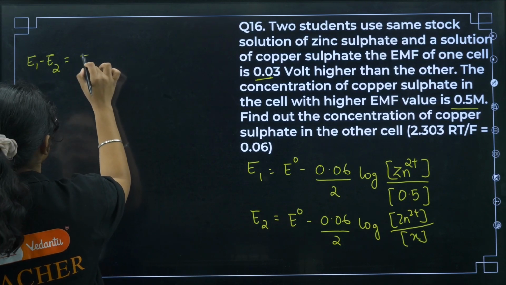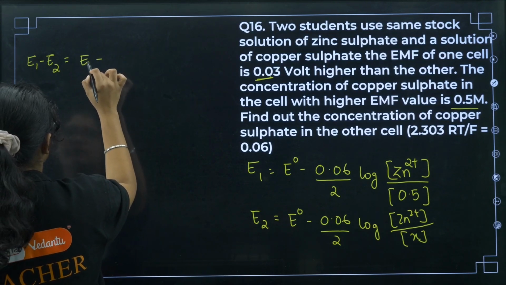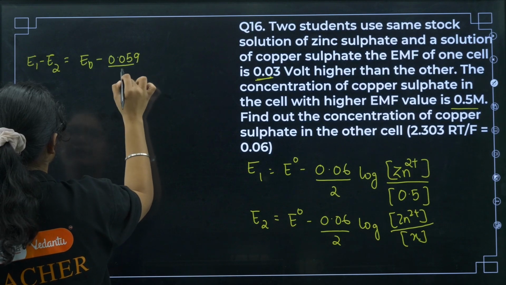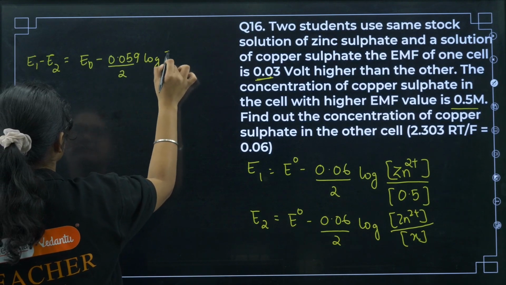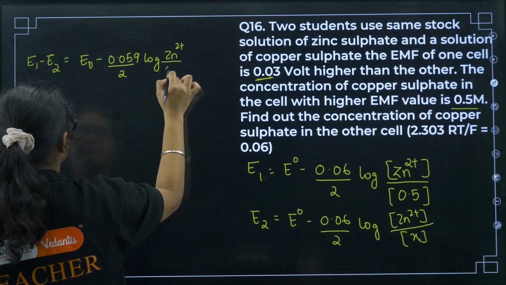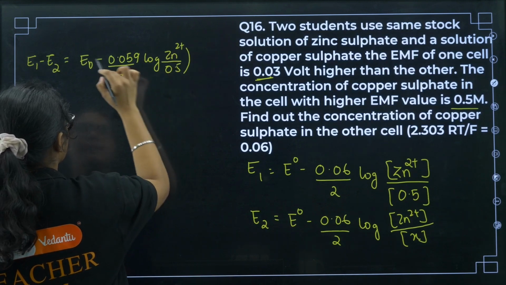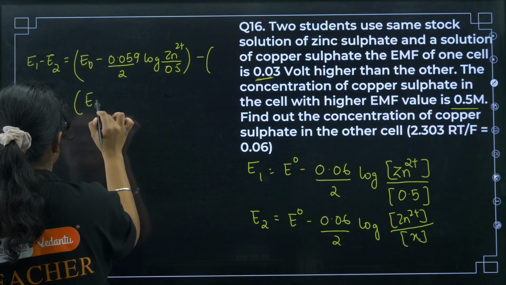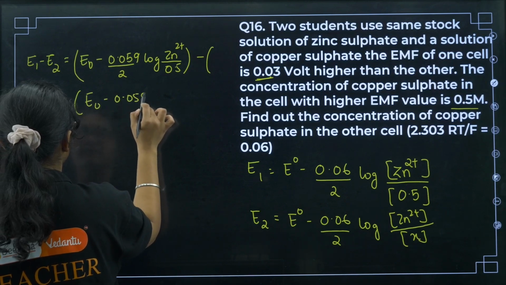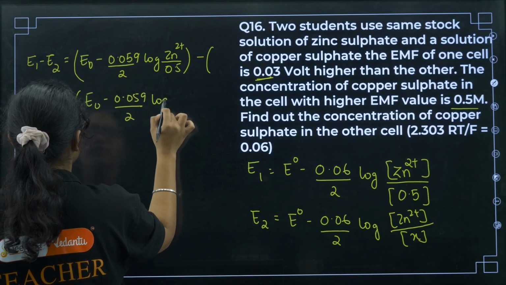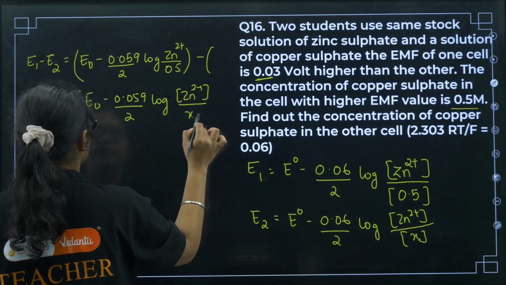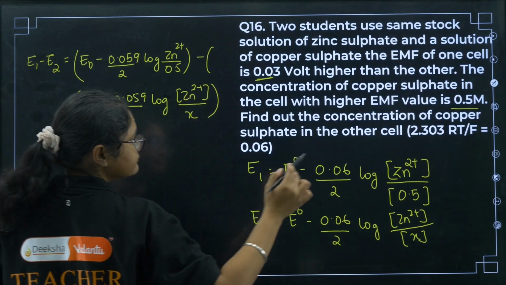Okay, let me write like this. E naught minus 0.059 by 2 log of Zn2 plus by 0.5, this one minus E naught minus 0.059 by 2 log Zn2 plus by x.